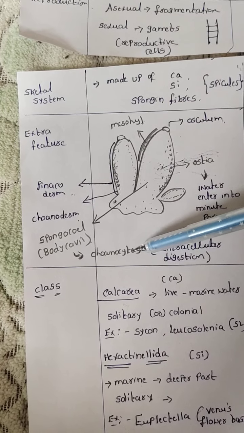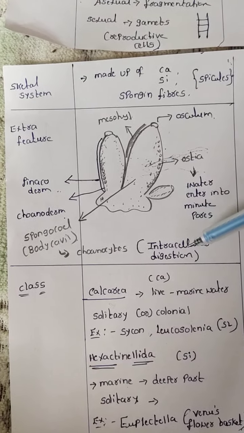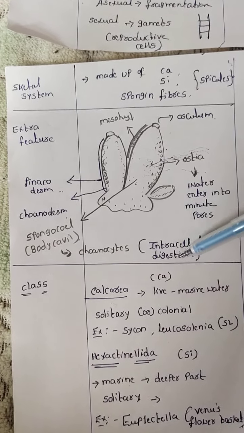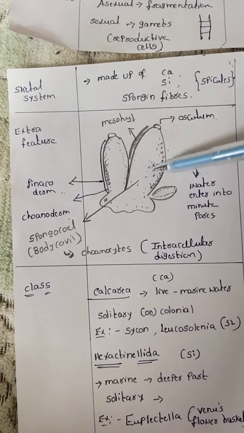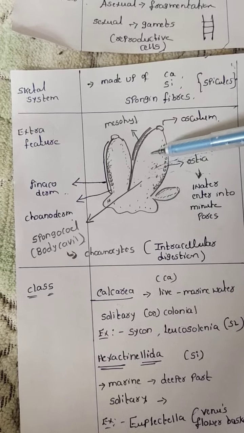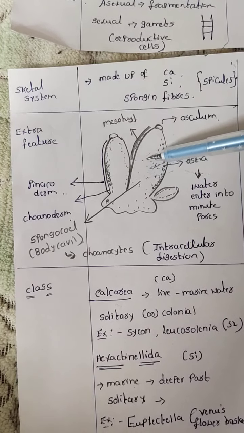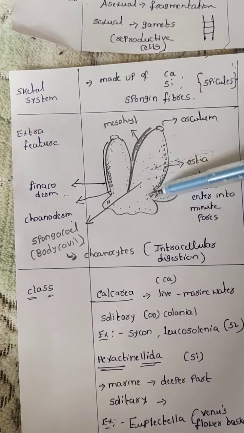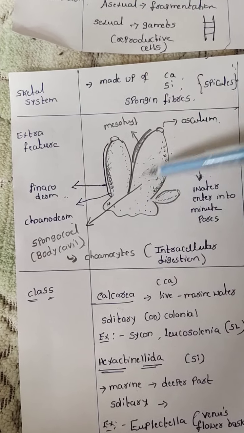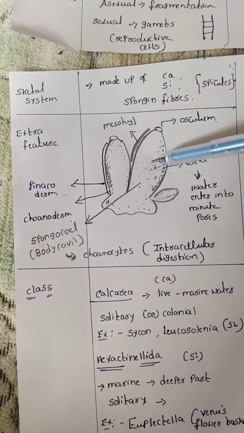Now these choanocytes are useful for what? Intracellular digestion. Whatever particles enter here, digestion takes place here. When digestion takes place, they get the final nutrient products, which are absorbed, and finally excretory products are formed.